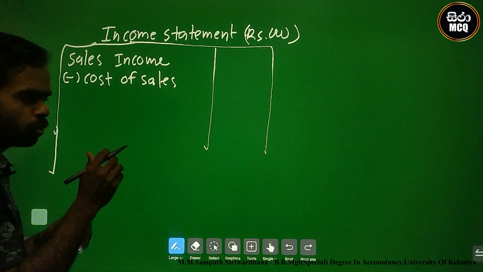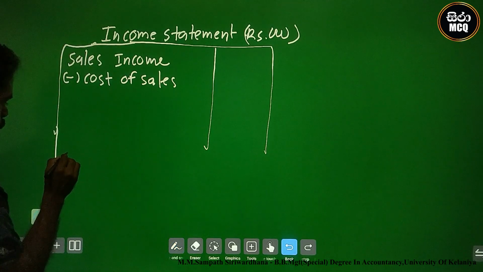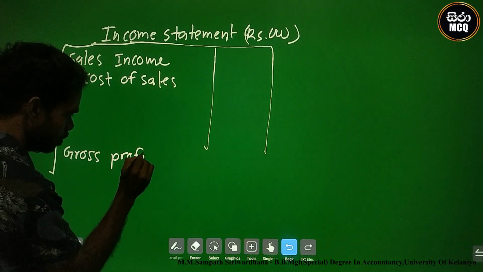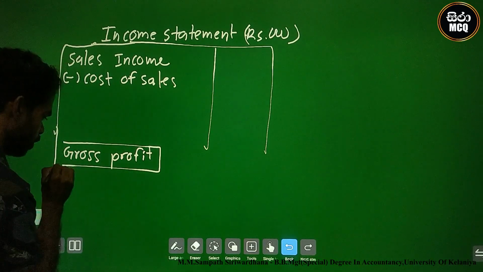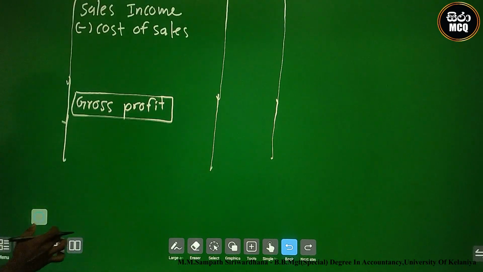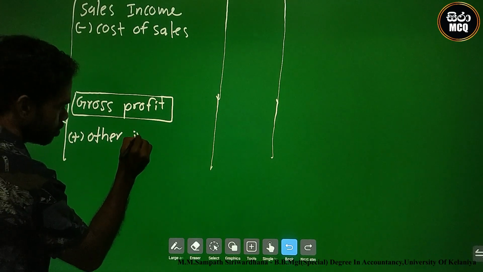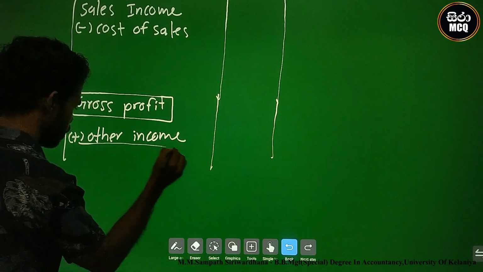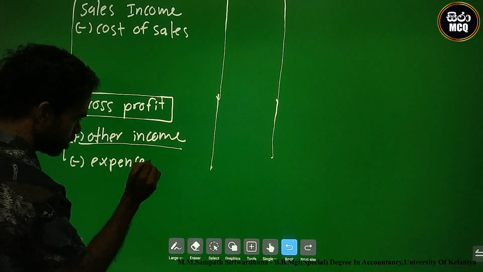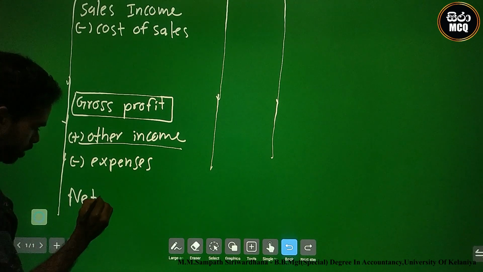For cost of sales, there are some more items. At this time we can prepare the gross profit. This is the highlighted requirement, gross profit. After that, plus other income, and after that minus expenses. At this time we can prepare the net profit.